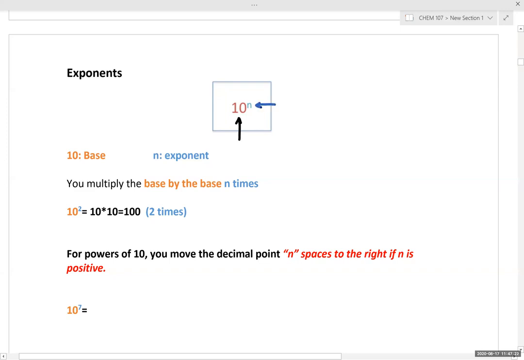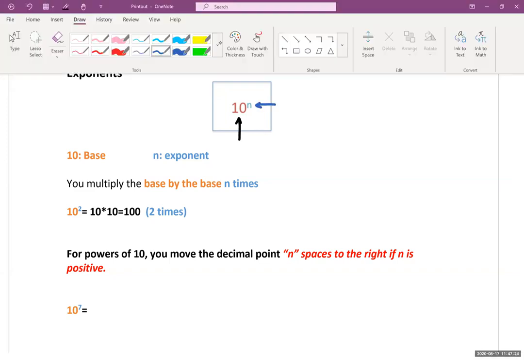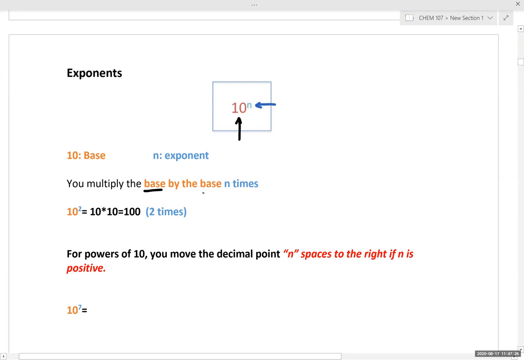Now, when dealing with exponents, you multiply the base by itself n times, where n is your exponent. So for example, if your exponent is 2, you have 10 multiplied by itself, so that we have a total of 10 times 10. You have 1, 2 of your base.